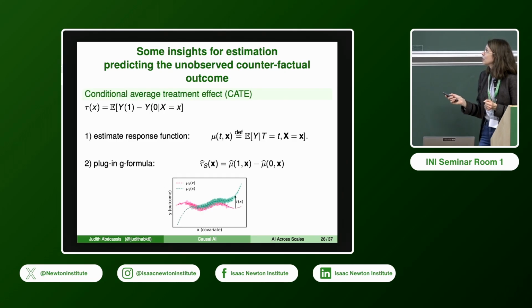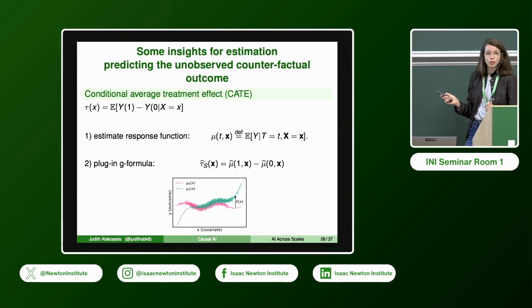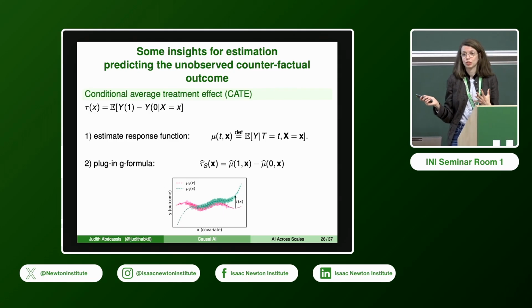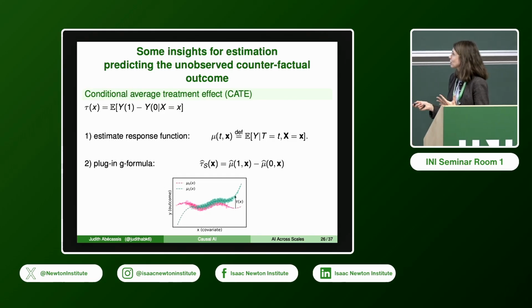Once you have a model for your outcome with different values of the treatment, you can simply plug them into your initial estimate and compare what happens with the treatment and without the treatment for different values of the covariates, and so different sorts of individuals. This is what is represented here. You can imagine having some units that are treated or untreated, and you can try to predict and estimate what would happen in the other situation and consider the difference between the two as the treatment effect.